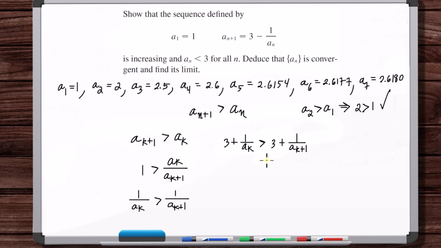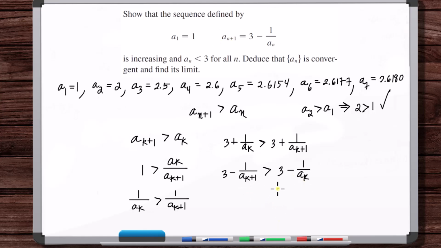Okay, now let's subtract both sides by 1 over a sub k and 1 over a sub k plus 1. Okay, so now we can match it up with this recursive formula definition.